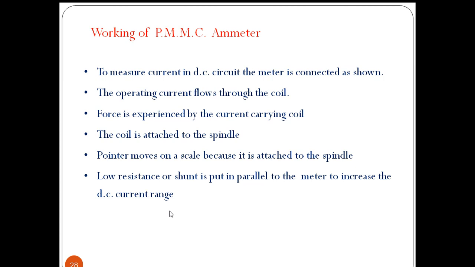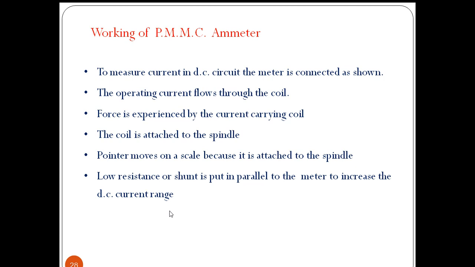The operating current flows through the coil. When the current flows through the coil, it will experience a mechanical force. The coil is attached to the spindle. The coil rotates, the spindle rotates, and as the spindle rotates, the pointer rotates, moving on the scale.